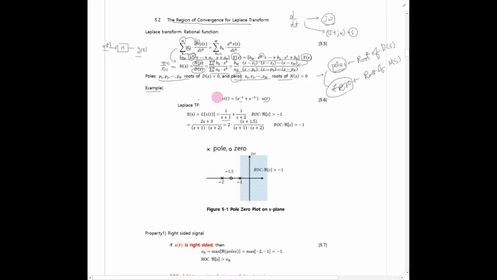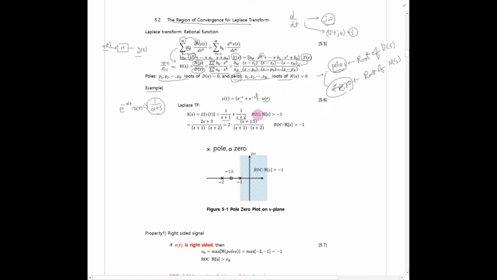In this case, e to the minus alpha t times u(t), a right-sided signal, has a Laplace transform of 1 over s plus alpha. At this moment alpha is 1, and this one is e^(-2t). At this moment alpha is 2, so it gives in this way.